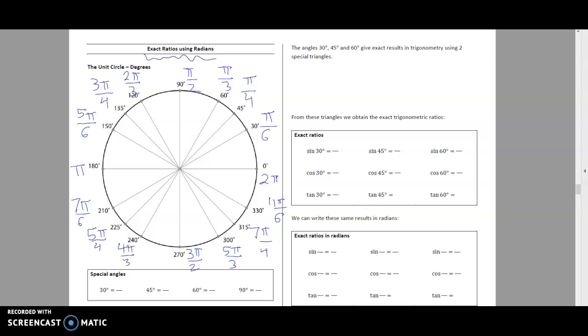So that's converting those common values in degrees into radians, those exact ratios. Down the bottom, you've got the special angles. So 30 degrees is pi on 6, 45 is pi on 4, 60 is pi on 3, and 90 is pi on 2. You remember we've got our exact value triangles.